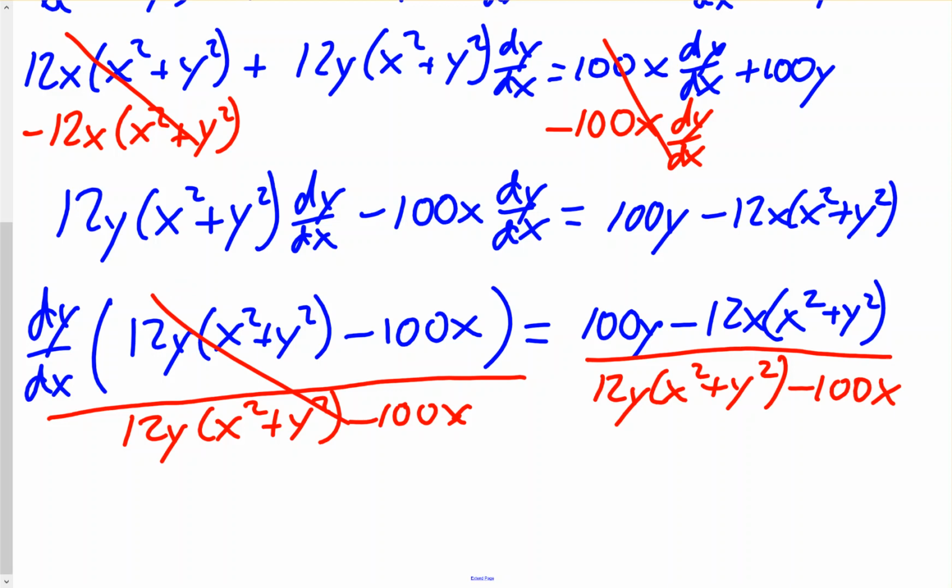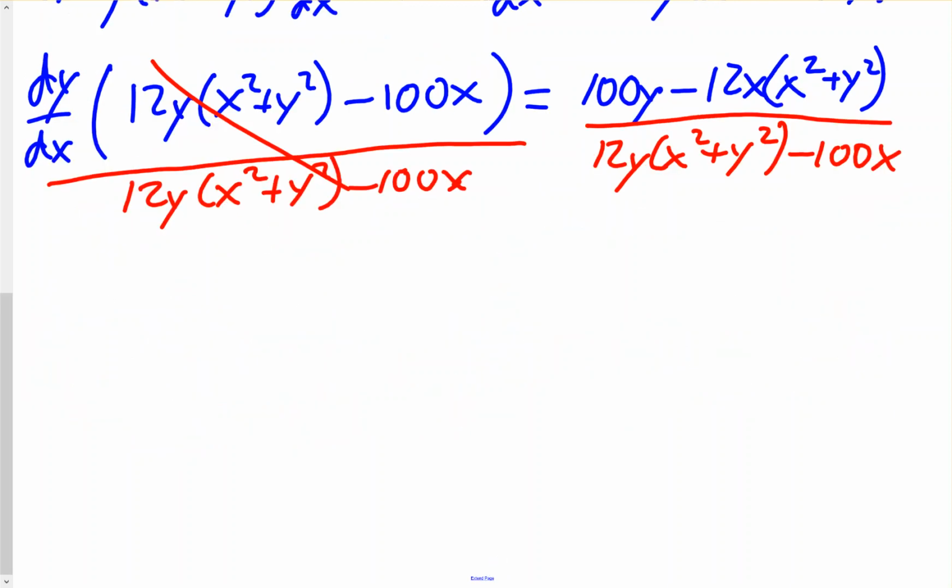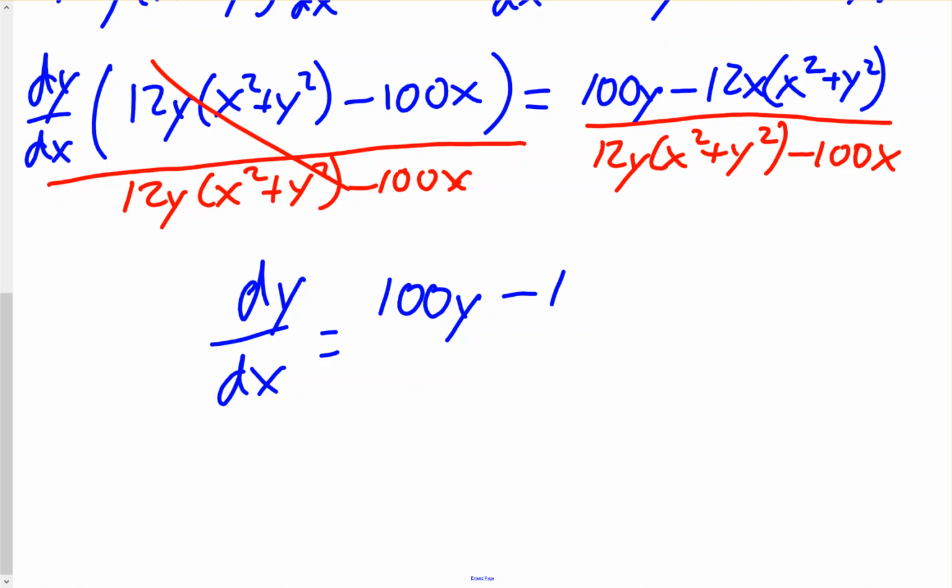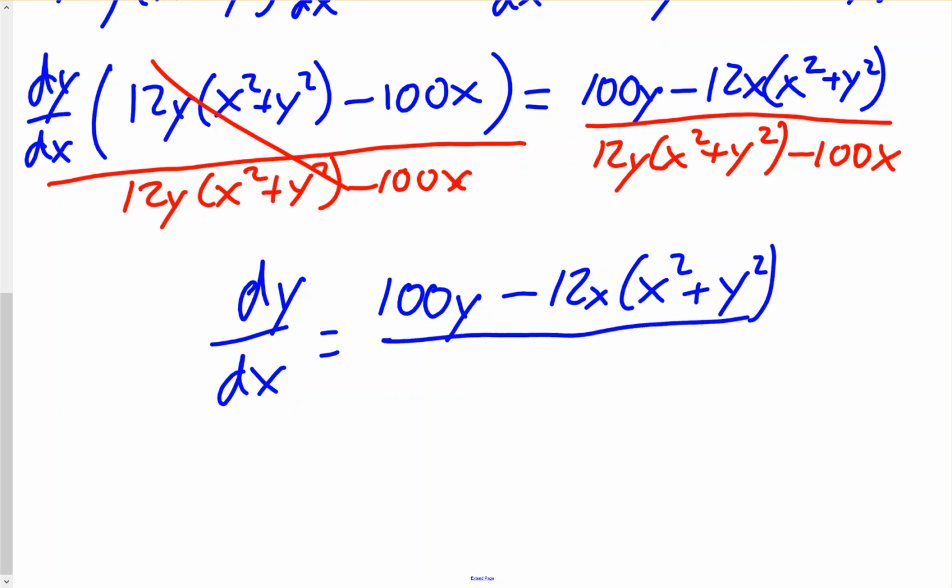Okay, so we end up with just dy dx equals 100y minus 12x times x squared plus y squared, all over 12y times x squared plus y squared minus 100x.